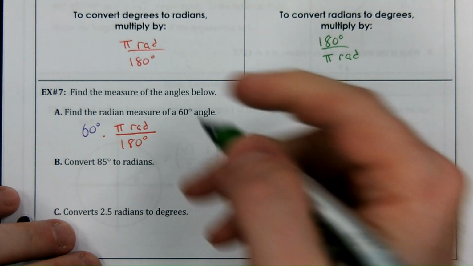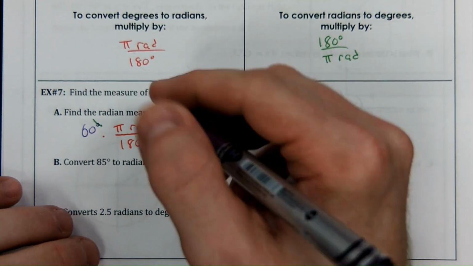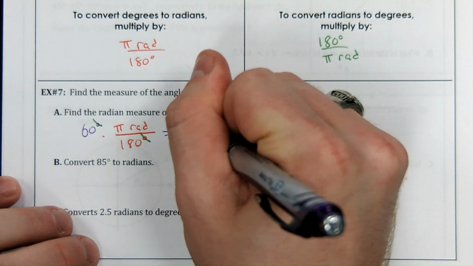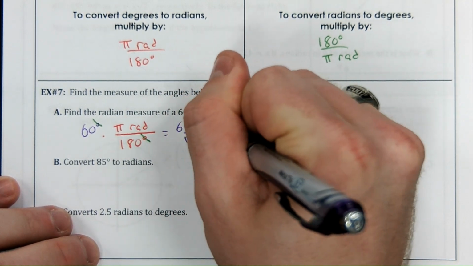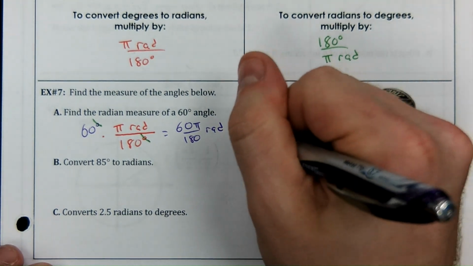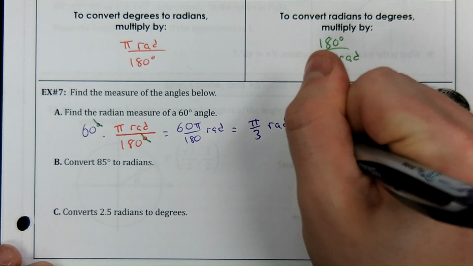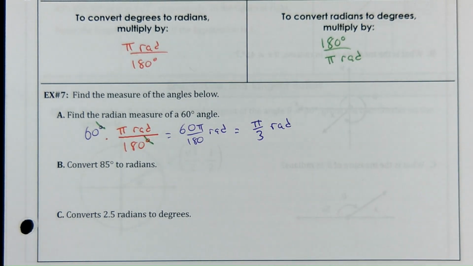What's going to happen here is the degree symbols cancel out. And you're left with this fraction, 60 pi over 180 radians. But 60 over 180 reduces to 1/3. This leaves me pi over 3 radians.